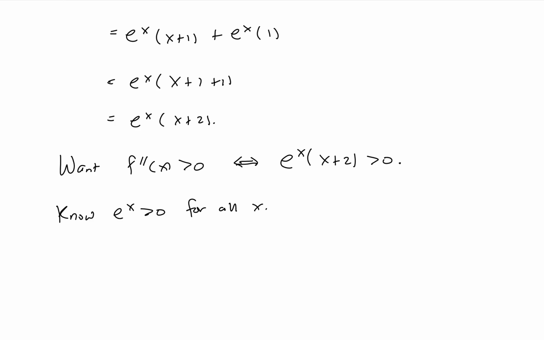So the only way for this to not be bigger than 0 is if x plus 2 is less than 0. So we want x plus 2 to be bigger than 0. Well, when's that true? This is true when x is bigger than negative 2.